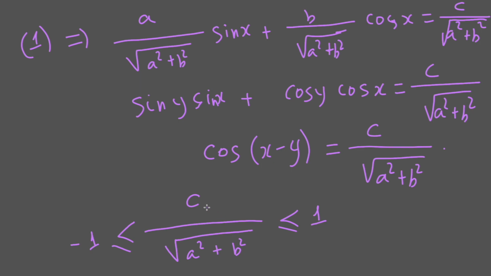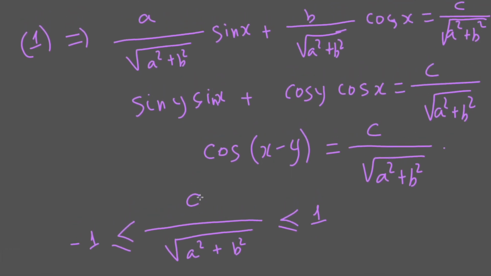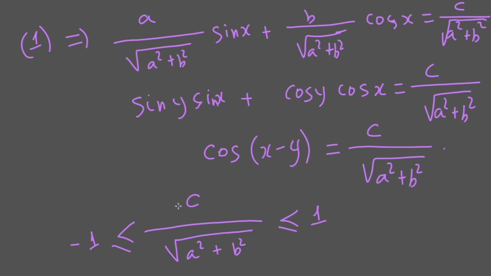And in case the parameter C satisfies this condition, it means we can convert it into another cosine value like cosine alpha.